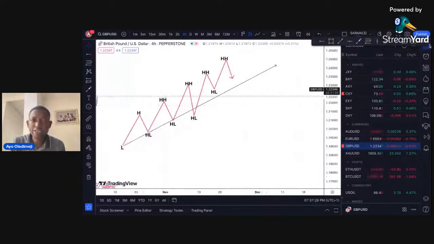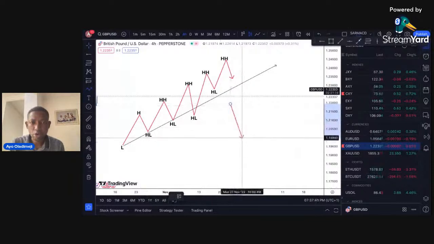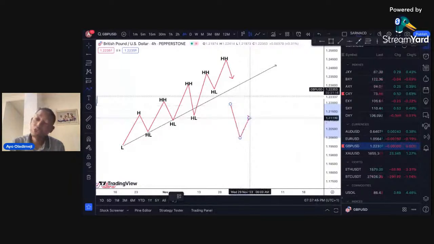Now, when it comes to a downtrend, the origin of a downtrend starts from a high. Okay, it starts from a high with the impulse, the low with the correction, high to low, high, low, high.